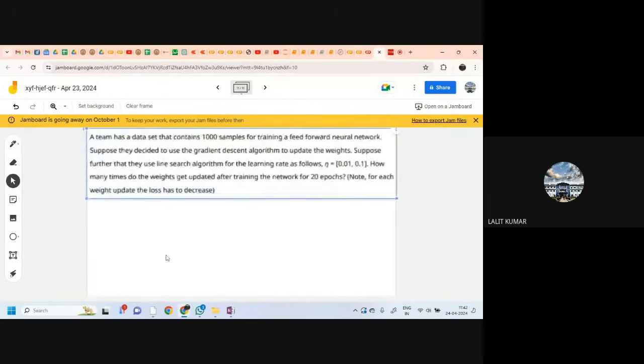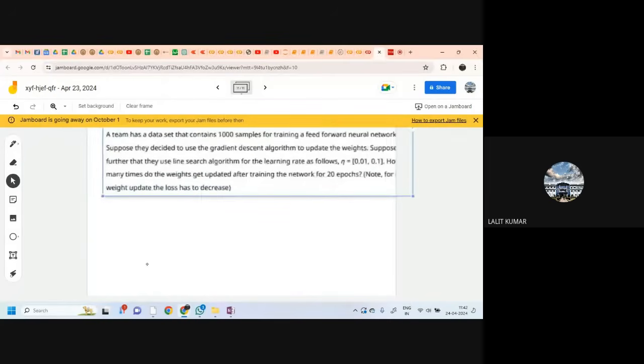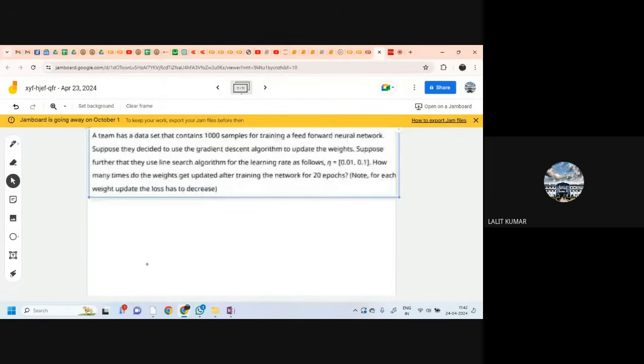Yes, yes. So a team has a data set that contains 1,000 samples. Suppose they decide to use gradient descent algorithm to update the weights. Suppose they use the line search algorithm for the learning rate n is equal to 2. How many times do the weights get updated after training the network for 20 epochs?